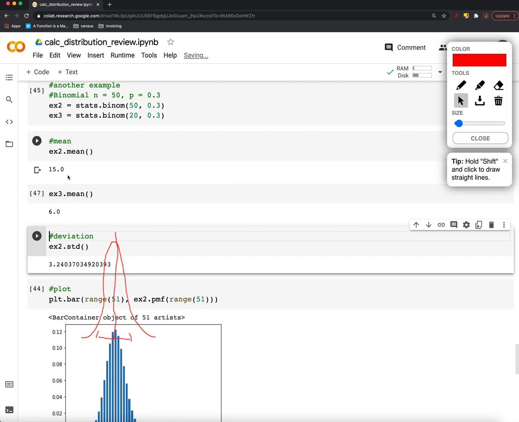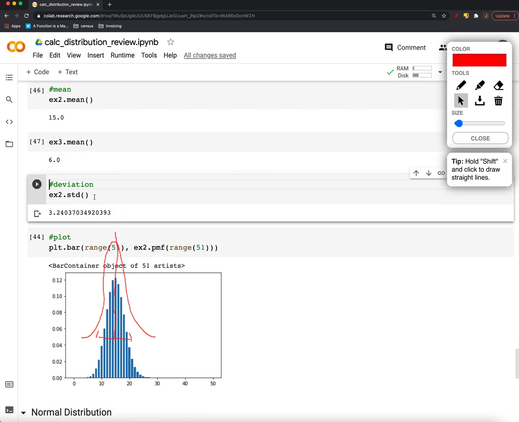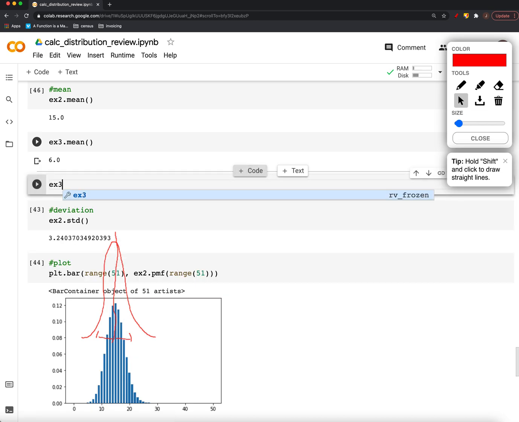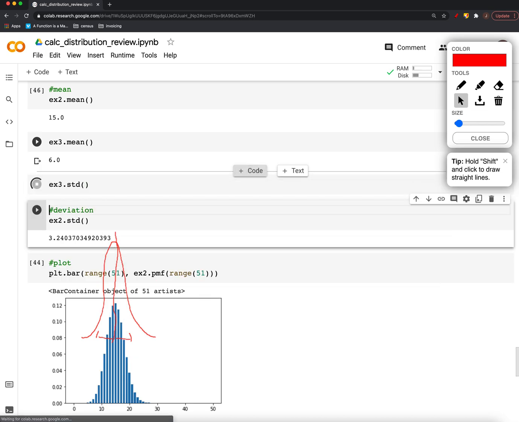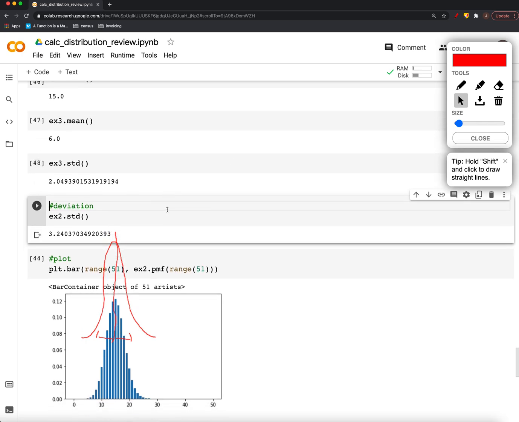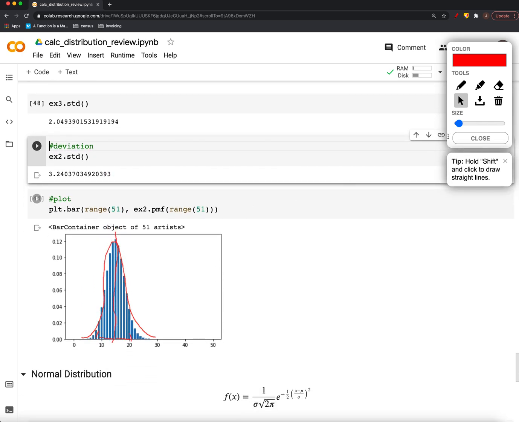Okay, so you see that the mean is lower and the standard deviation is lower as well. What that should tell us is that if we plot this, it's going to be a curve that doesn't have as much kind of spread in it.